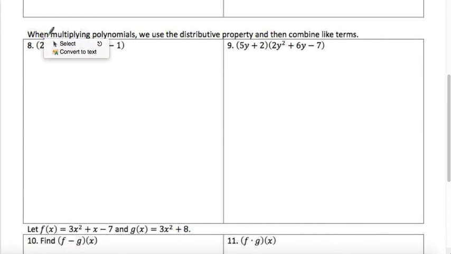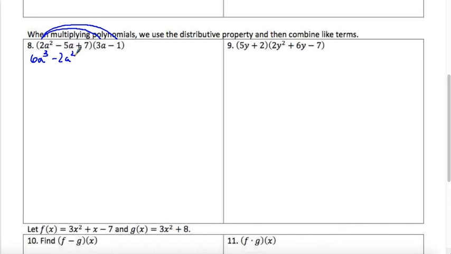So 2a squared times 3a is 6a to the third. 2a squared times negative 1 is minus 2a squared. And then we use the middle term.